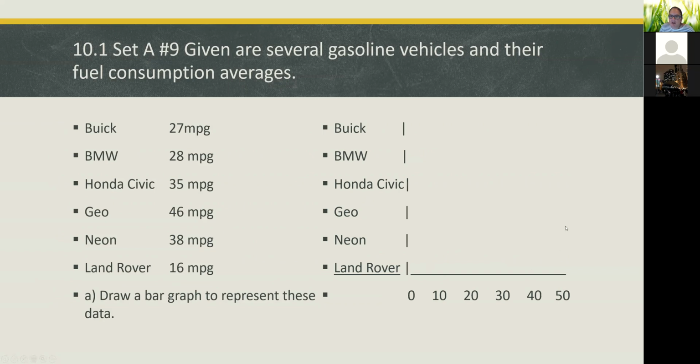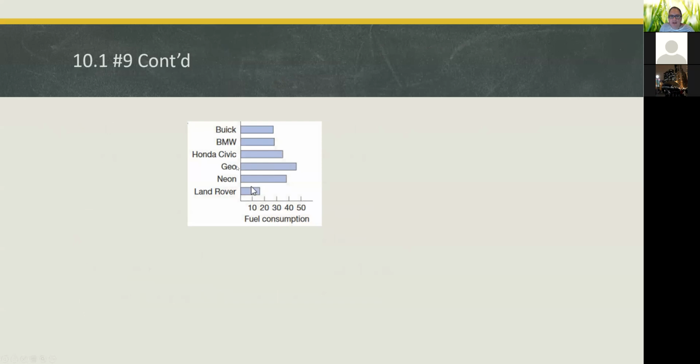So we're going to be making a graph that looks something like this, and we're going to have a horizontal bar for each type of car, and the length of that bar should correspond to the mileage. So for the Buick, I'd want a bar that comes out to 27. Okay? And that looks like this.